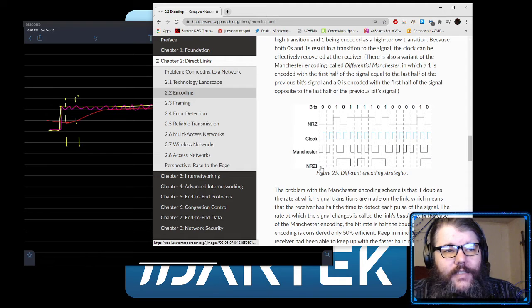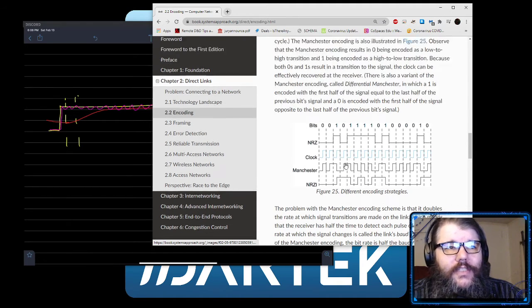But for NRZI, you transmit low for 0 and keep the same voltage for 0, and when you see a 1, you flip from low to high. You just flip from wherever you were to wherever you want to be. So then I'm up here, and that flip means there's a 1 there. Since I'm at a 0, I'm just going to keep the voltage high. But this is supposed to be a 1, so I'm going to flip the voltage back down. So 1s flip the voltage, 0s hold it steady.